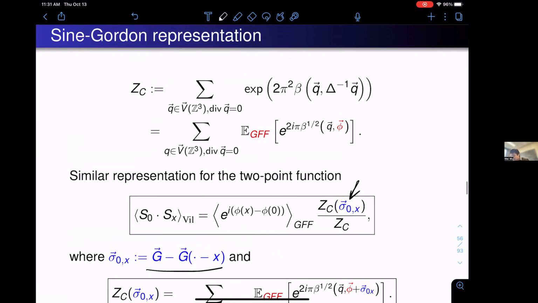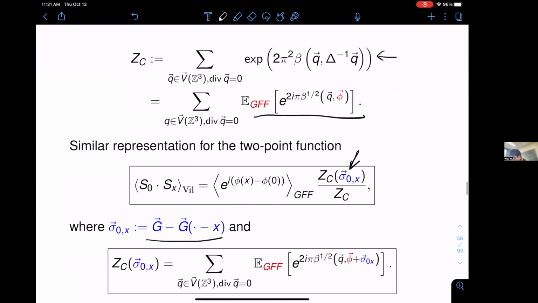So in particular, because of what is known as the sine-Gordon representation, this Coulomb partition function is like a Gaussian integral, right? Because the Gaussian has the covariance Laplacian inverse. So you can write it as a free field expectation like that, or like this when you have this sigma term. So in particular, for example, if you want to improve the upper bound of McBryan and Spencer, you would like to show some kind of variance lower bound for this quantity.